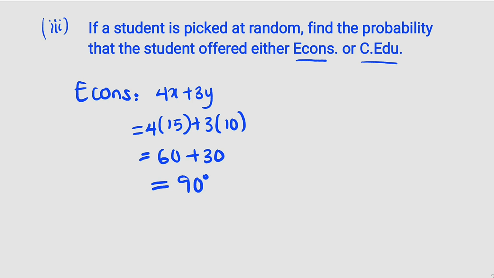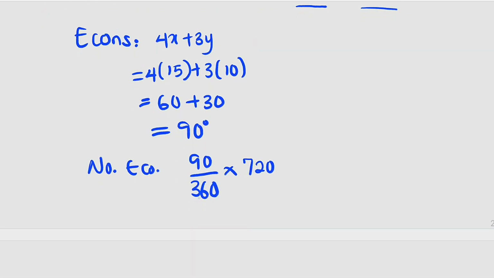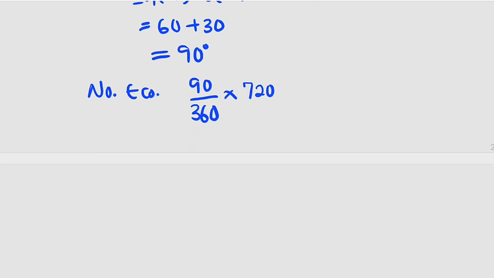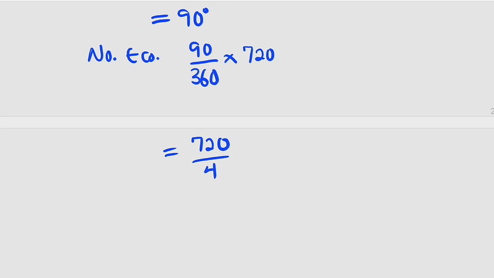But we want to find the number of students that offered economics. The number of students that offered economics will be equal to 90 divided by the total degrees, 360, then multiplied by the total number of students, which is 720. Remember, it is from the question. 90 goes into 360 four times. So we have just 720 divided by 4, which is equal to 180 students. We are done with the number of students that offered economics.